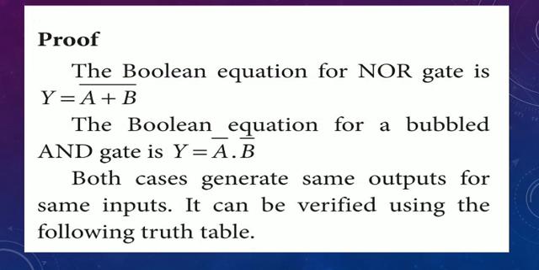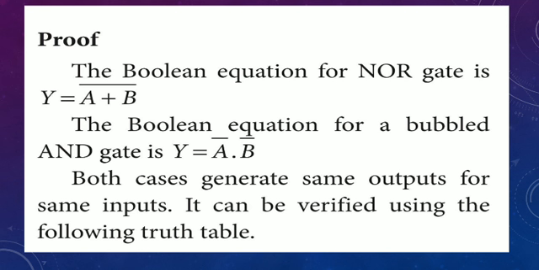Proof, see this. The Boolean equation for the NOR gate is A plus B the whole bar, right? Sorry, the Boolean equation for the bubbled AND gate is Y equals A bar dot B bar, right?